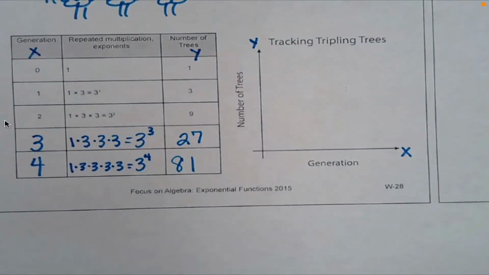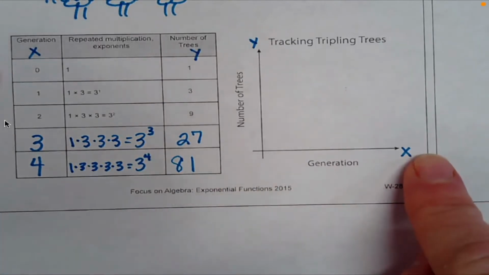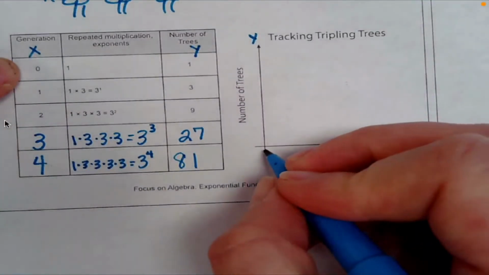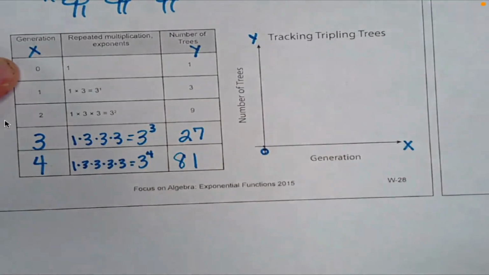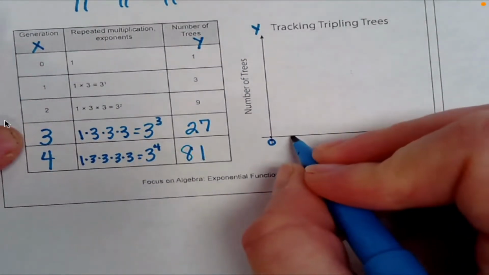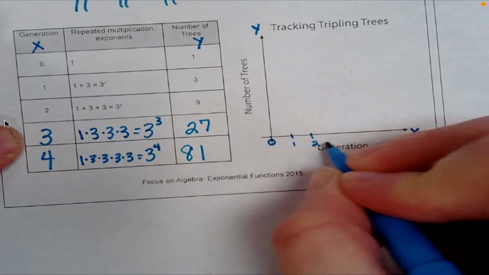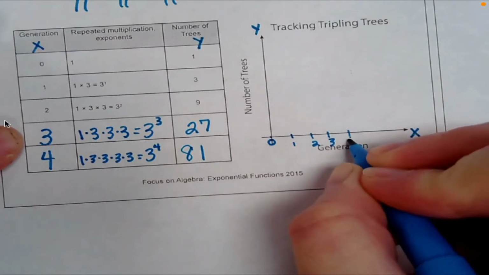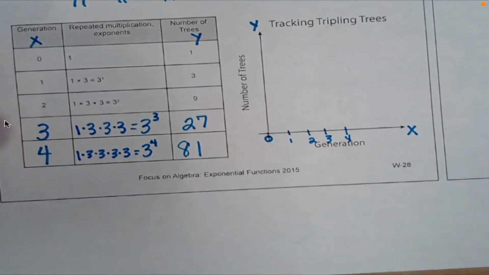So we can always relate this to an x and a y. Our generation, we're going to start at 0 at the origin, and then do 1, 2, 3, 4. We can just go to 4.